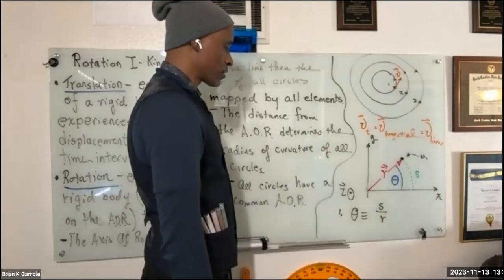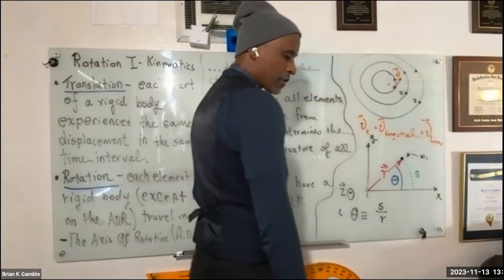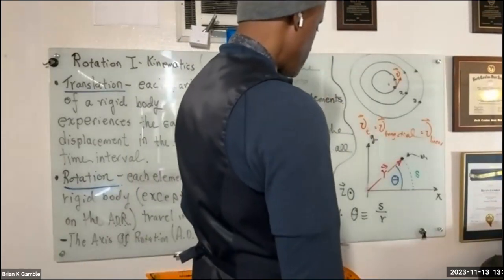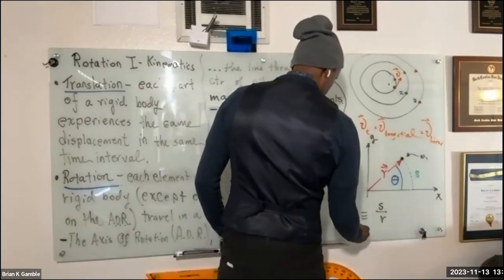Now, if it is moving along a circle, then R is constant and doesn't change. And so therefore the displacement is going to be equal to a delta, in other words, delta theta, which you could define as that.